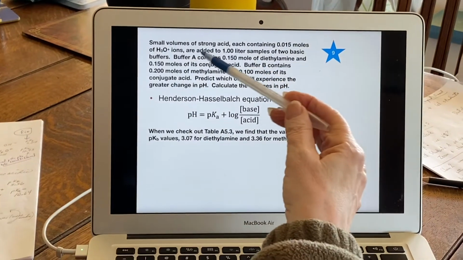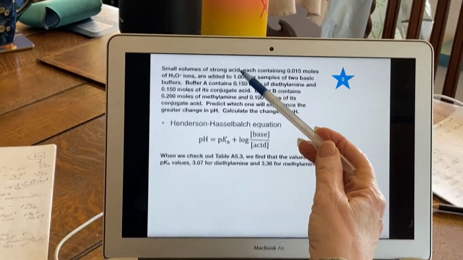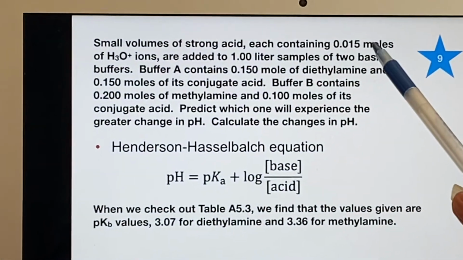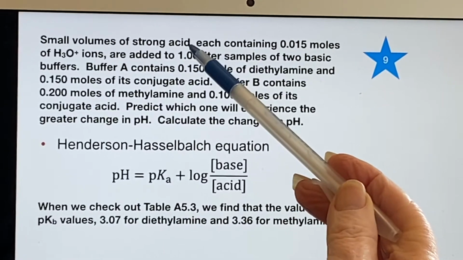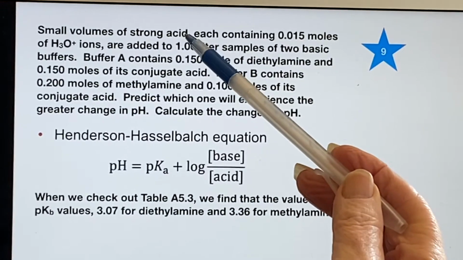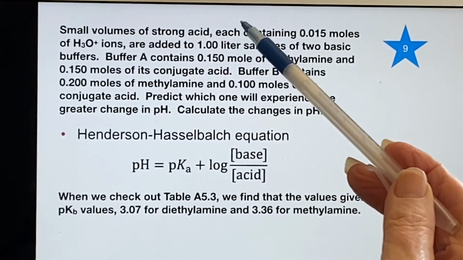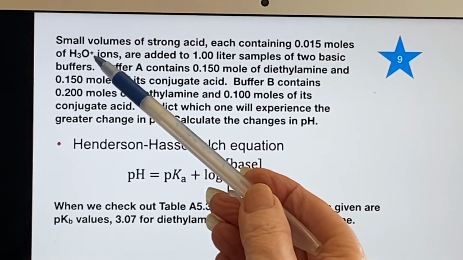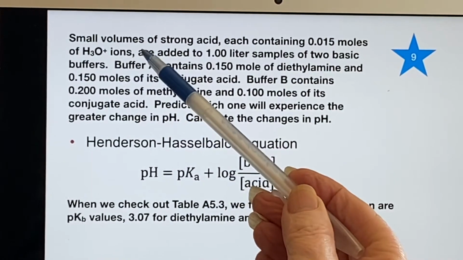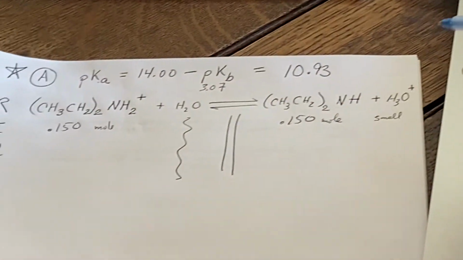So that I'm not making a big deal out of the volume itself. Now we can finally get to what the change was. The change was adding this small volume of strong acid, small because they don't want us worrying about how much room it takes up. We're just dealing with the moles, not molarity. We're adding H3O+ ions. That means we are going to be shifting this.